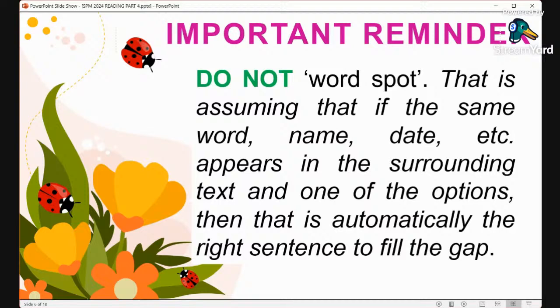That is assuming that if the same word, name, or date appears in the surrounding text, then automatically that is the right sentence. Please do not word spot. Even if you think that is the answer, you need to check other parts of the text to see whether that is the answer.